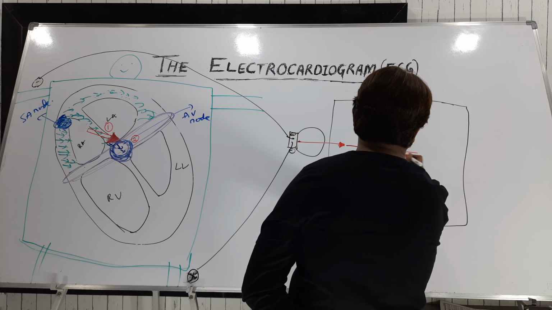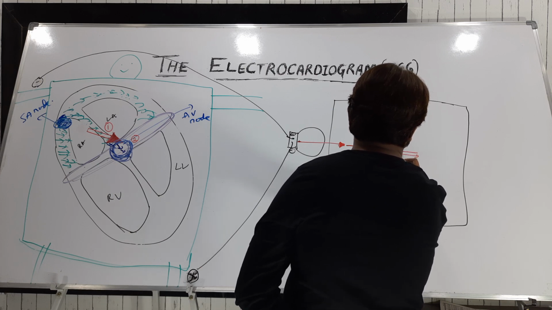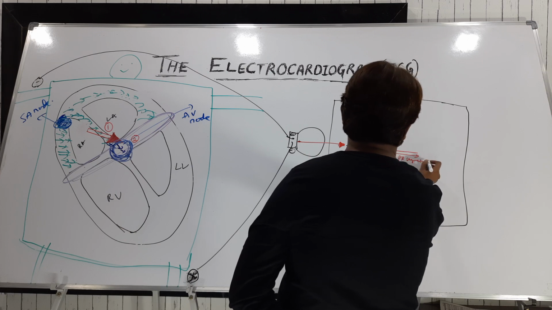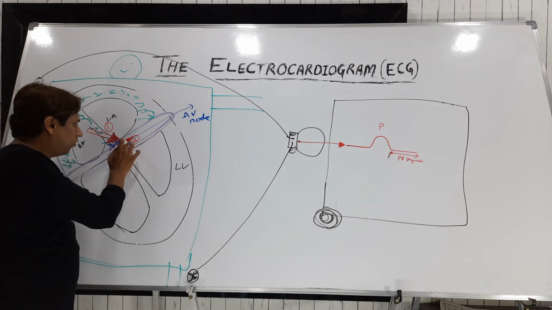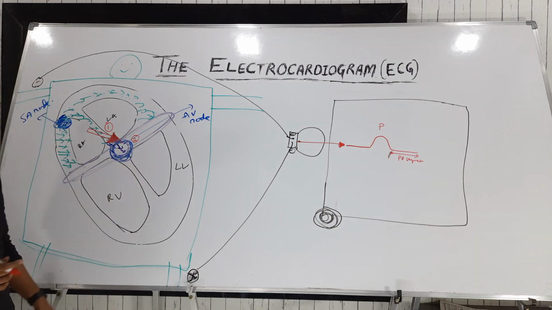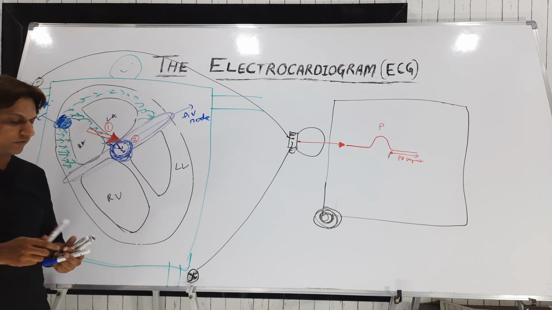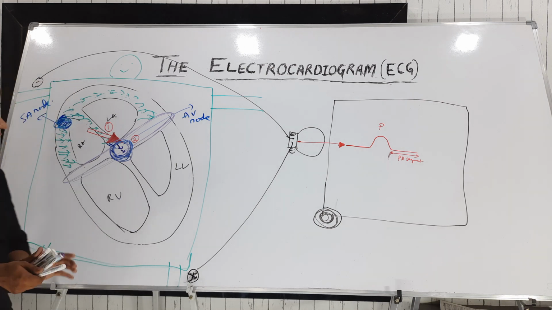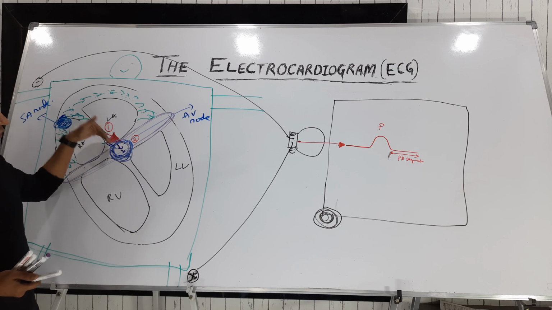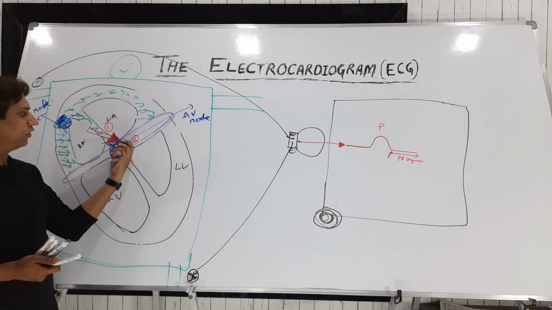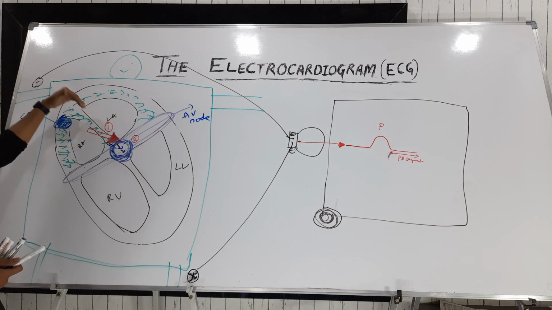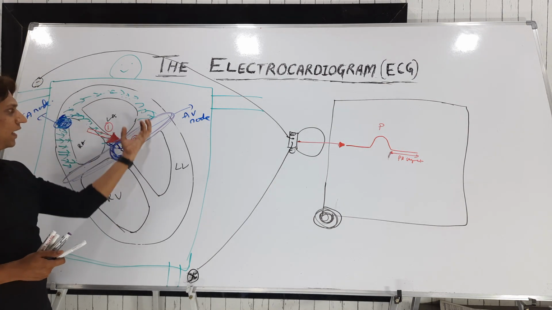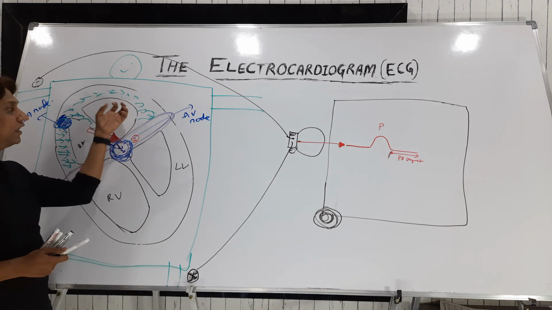Okay, this line is called the PR segment. We'll discuss this segment later. Remember, there is one isoelectric line when the current flows through this AV node. What is the significance we'll discuss later, but here again I would like to tell it. Why is the flow of current slowed down through this AV node? Because when depolarization occurs in the atrial muscle, it is followed by the mechanical event of the cardiac cycle, that is atrial systole.